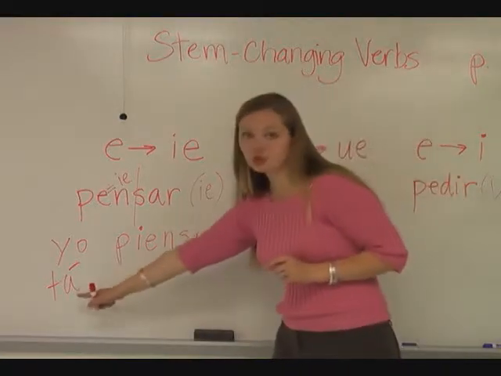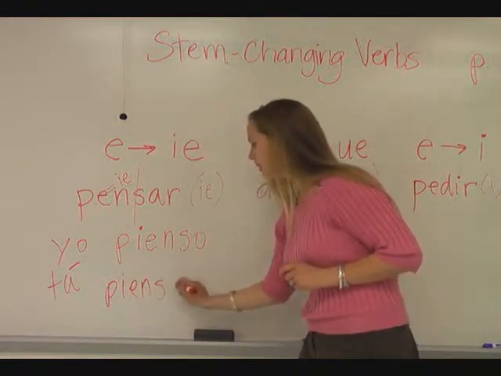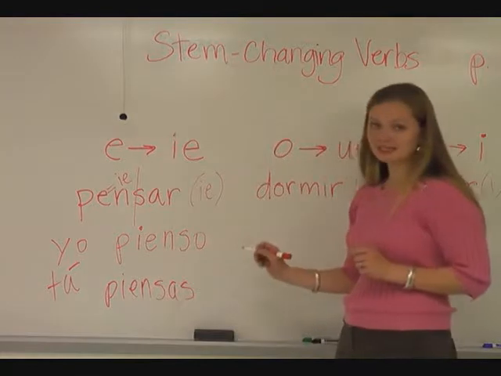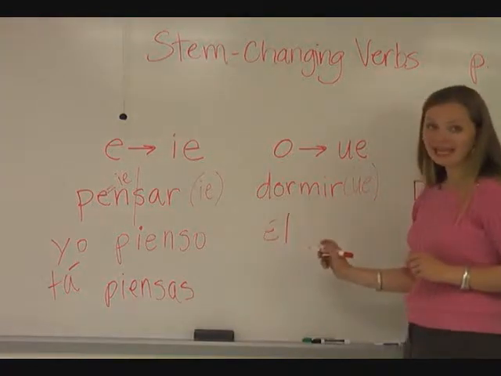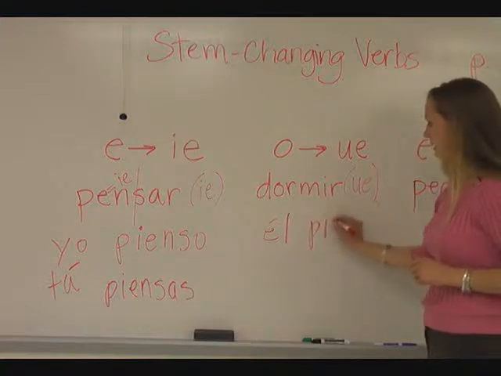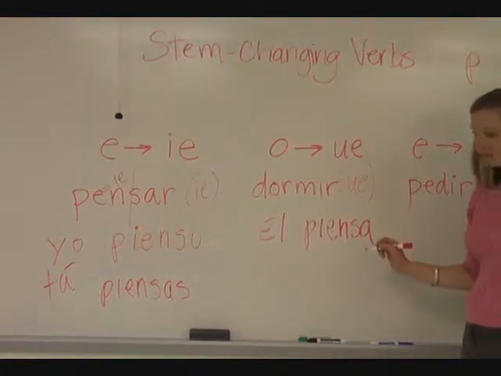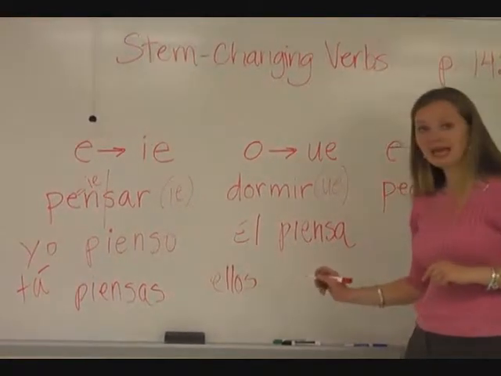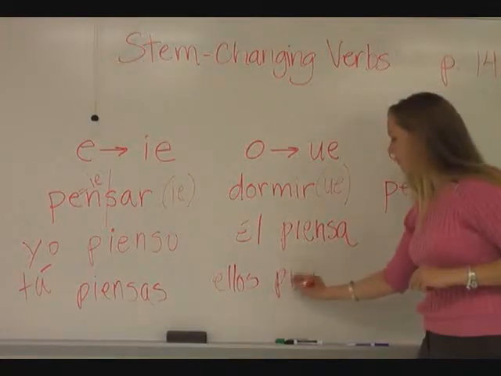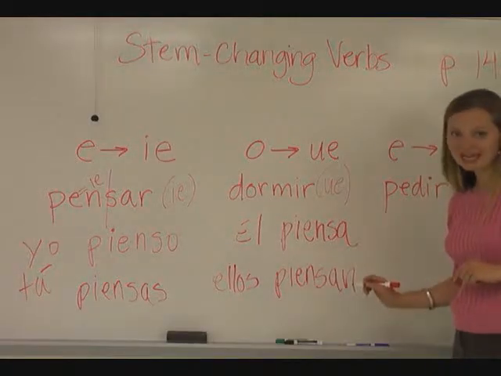En la forma tú, igual, tú piensas. In the third person singular, él, ella, usted, it would become piensa. He thinks. Then we have the third person plural form, ellos, and of course we add our plural ending, piensan.